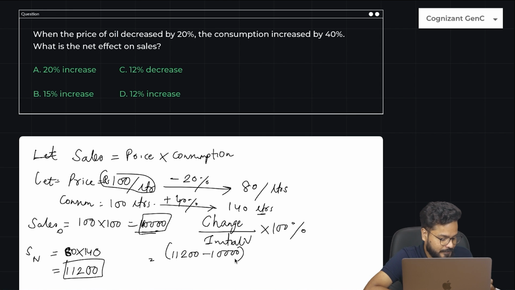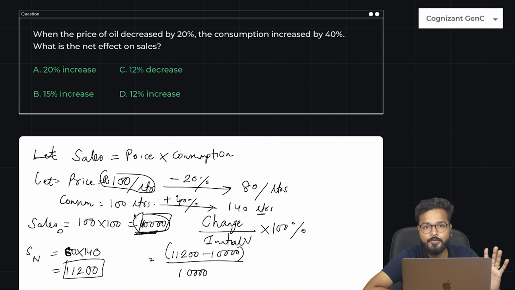What people normally do is they put 11200 in the numerator and 10,000 in the denominator and they'll start solving this, which is actually wrong. The change is just 1200 of what? Of the initial value, because change always happens on the initial value, which was 10,000. It's similar to the cost price concept, where in the denominator is always the cost price.